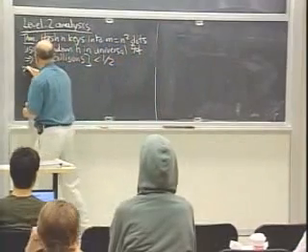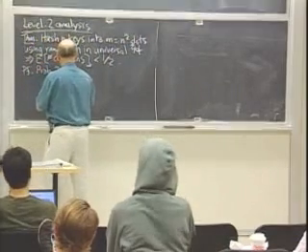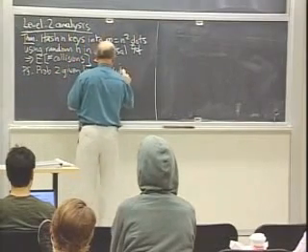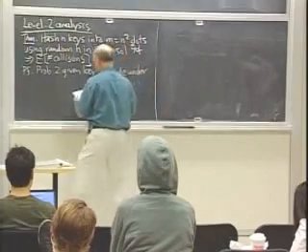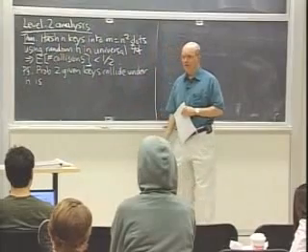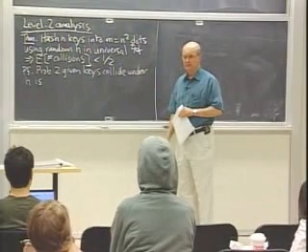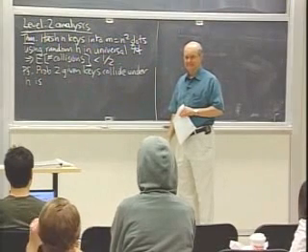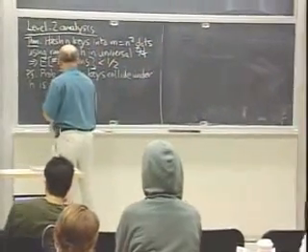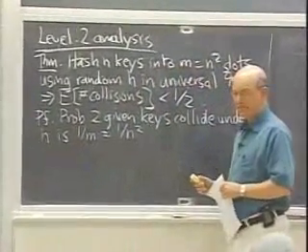Let's prove this. The probability that 2 given keys collide under H is what? What's the probability that 2 given keys collide under H when H is chosen randomly from the universal set? 1/m, right? That's the definition, which is in this case equal to 1/n squared.